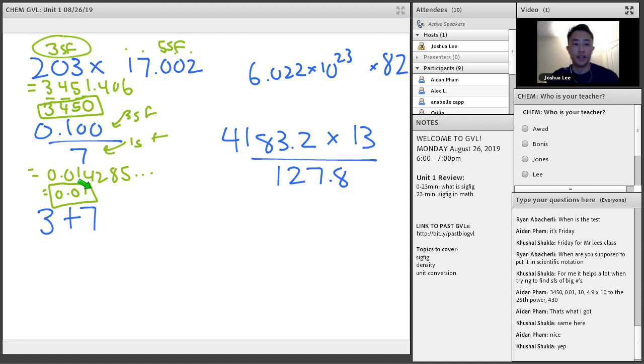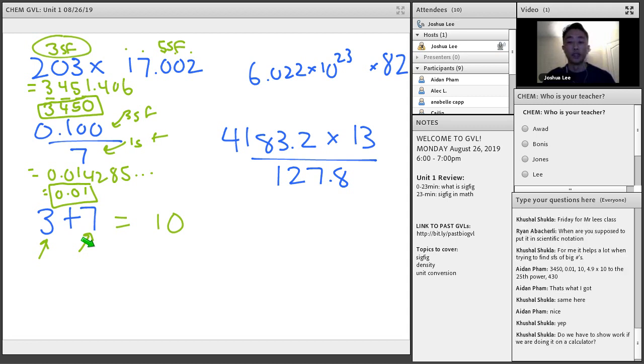3 plus 7. Ooh, this one is tricky. Because if you think about it, it's just normally 10. But we're adding now, so we have to see where my sig figs end. Both of my sig figs end in what place? Yeah, you always have to show your work, so at least set up the math.